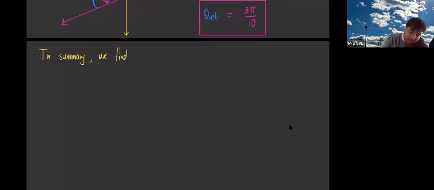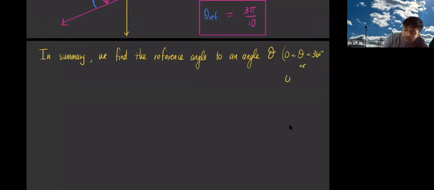we find the reference angle to an angle theta, and make sure we say theta is between 360 and 0, or that theta is between 2 pi and 0.